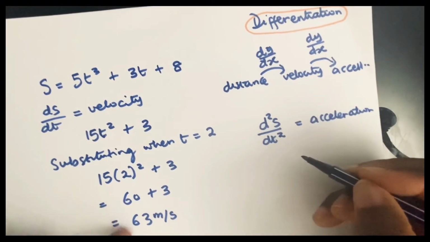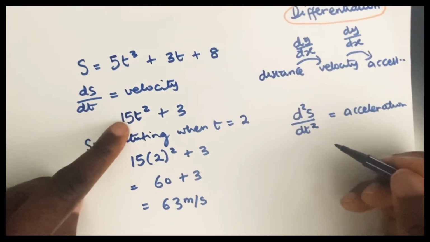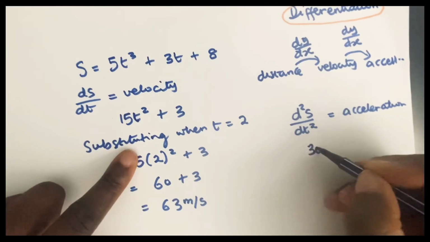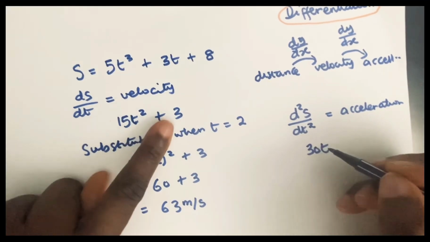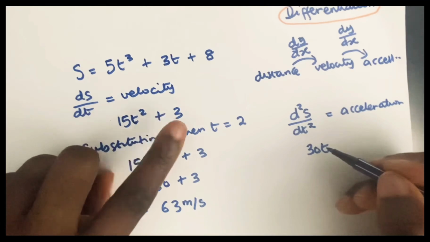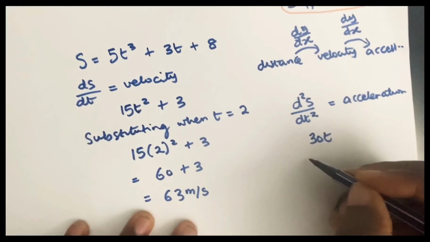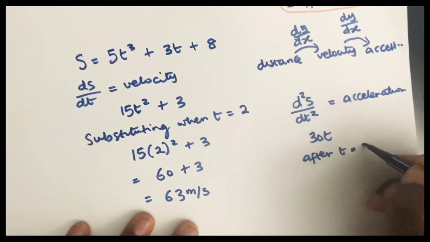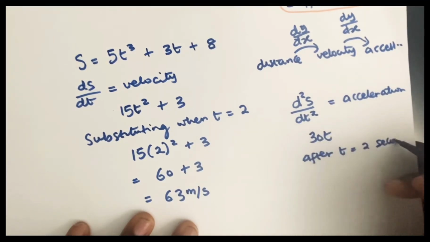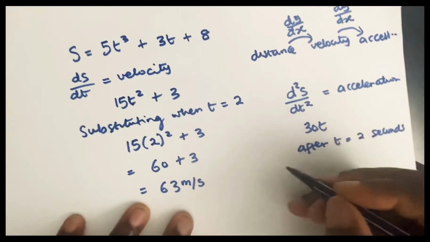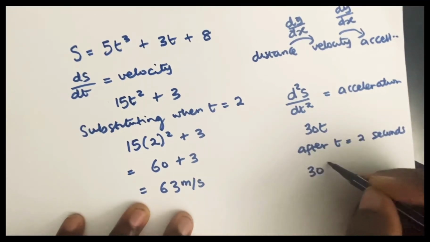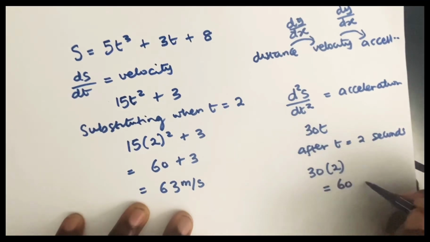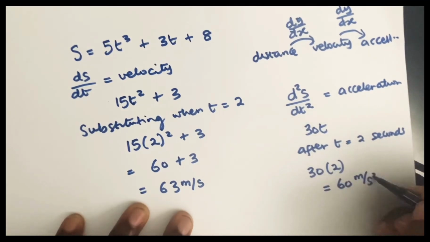And so if we differentiate this one again, we're going to have 15 times 2, that would be 30t. And if we differentiate a number, it comes to nothing, it comes to 0. So after substituting t equals 2 seconds, we would have 30 times 2, which is equal to 60 meters per second squared.